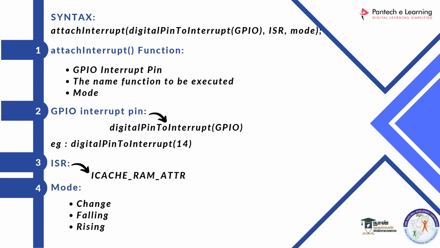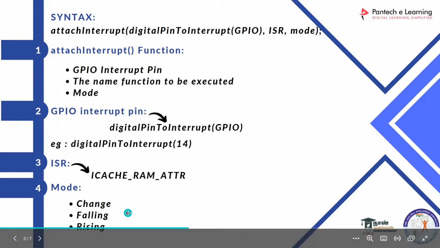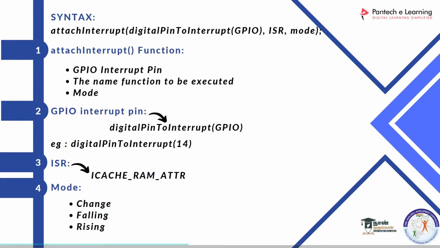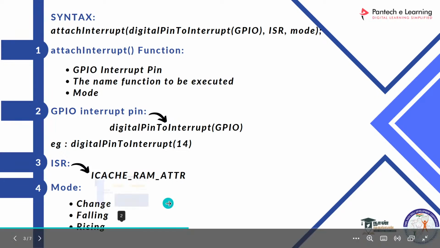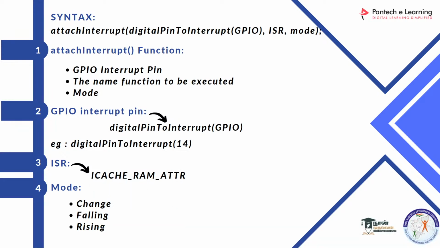And rising is to trigger when the pin goes from low to high. Here we will be using the rising mode because when the PIR motion sensor detects motion, the GPIO it is connected to goes from low to high.